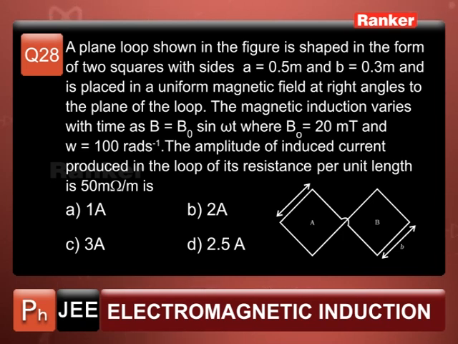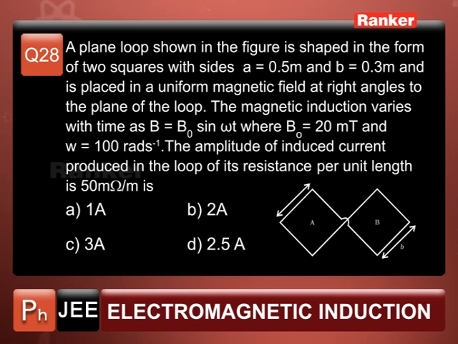The magnetic induction varies with time as B is equal to B naught sin ωt, where B naught is 20 millitesla and ω is 100 radian per second. The amplitude of induced current produced in the loop, if its resistance per unit length is 50 milliohm per meter, is how much?